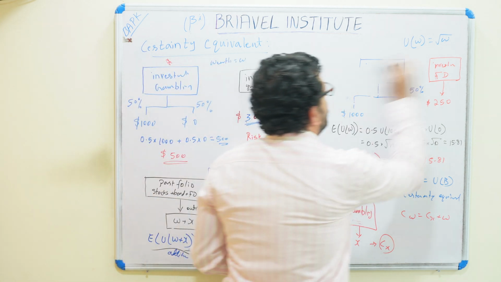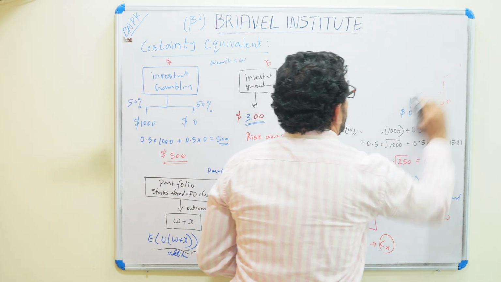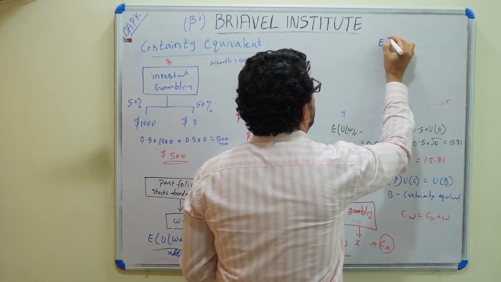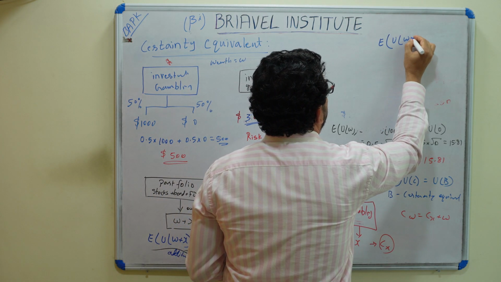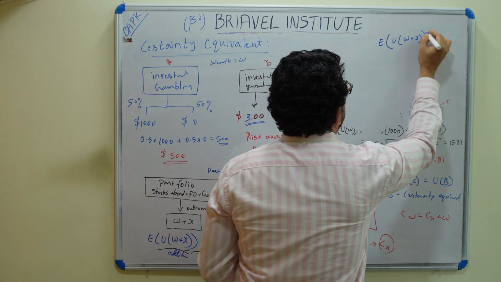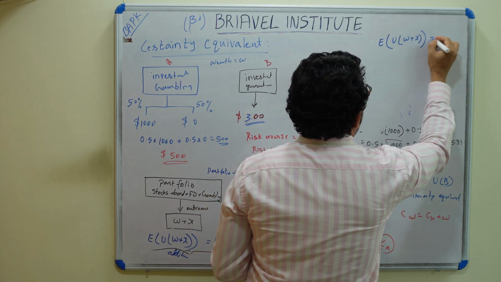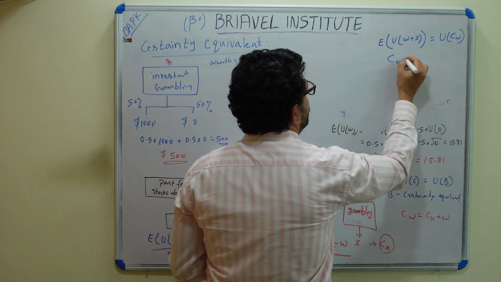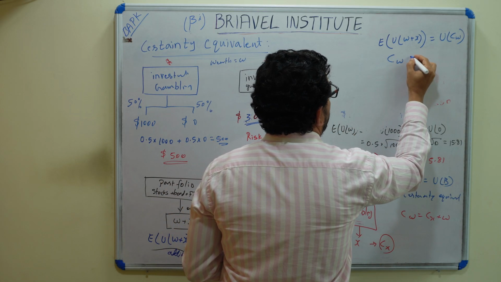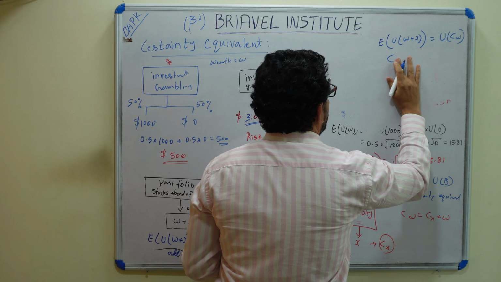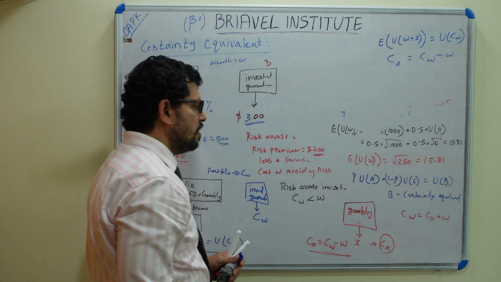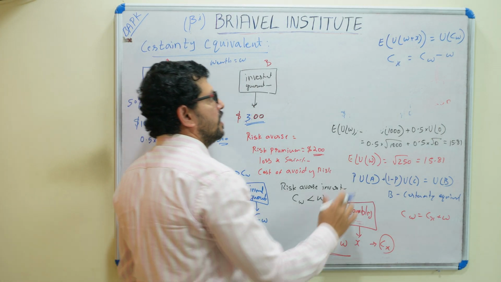We can write some formulas. Here we studied the expected utility of W plus H, which is equal to U of CW, and CW is equal to W plus CH, so CH is equal to CW minus W. So these are two formulas we studied here.